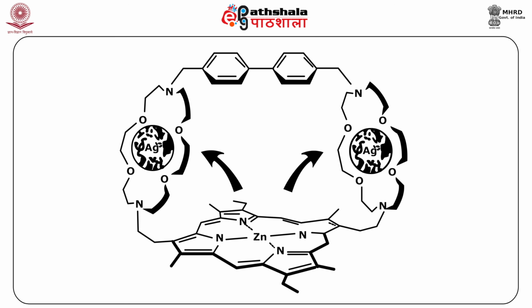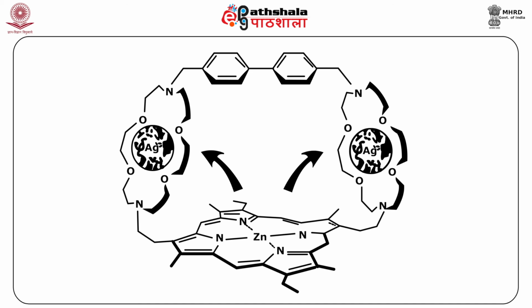An example of a photo-induced charge separation is shown to you in the figure. In this, a macropolycyclic coreceptor containing both a photosensitive porphyrin ring and binding sites for silver 1 ions as acceptor centers.